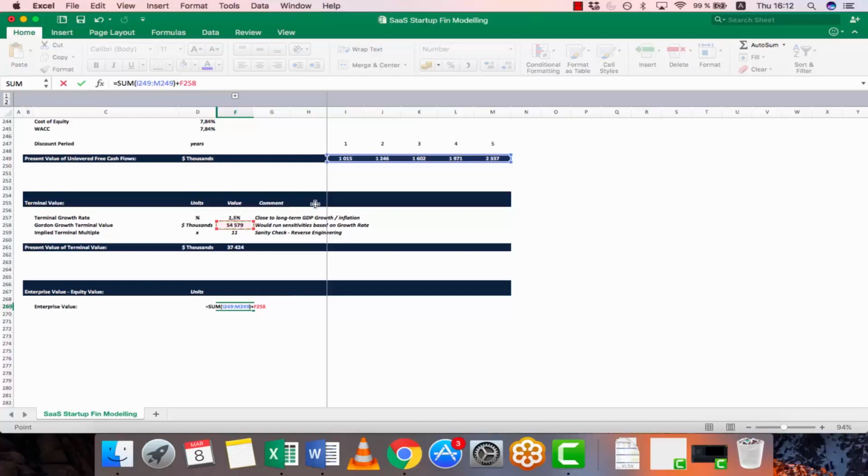One small note here, as we already discussed, the terminal value in our model represents a large percentage of the enterprise value. In corporate finance, we usually try to keep the terminal value not more than 60% of the total enterprise value. But here it's just a startup.